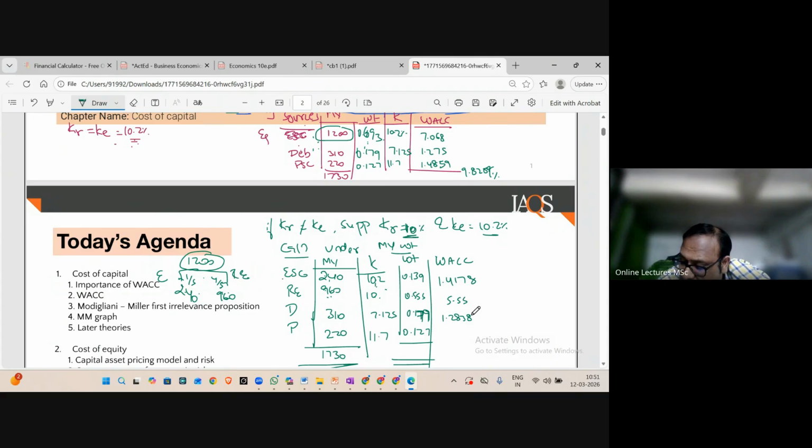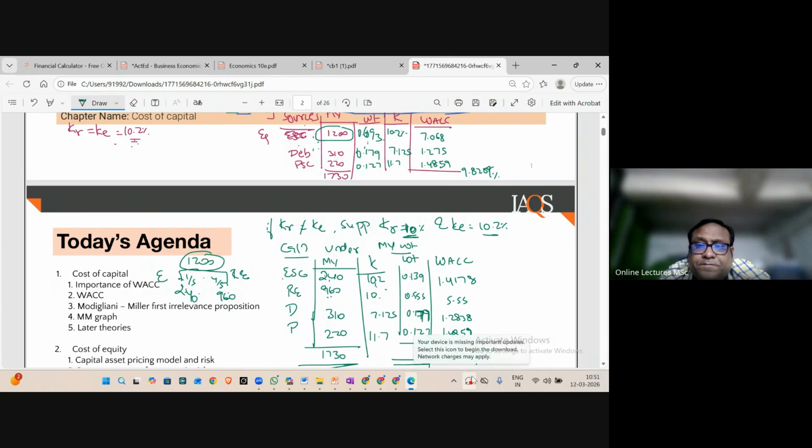And 11.7 into 0.127 is 1.4859. Plus 1.2838 plus 5.55 plus 1.4178 gives 9.7375.